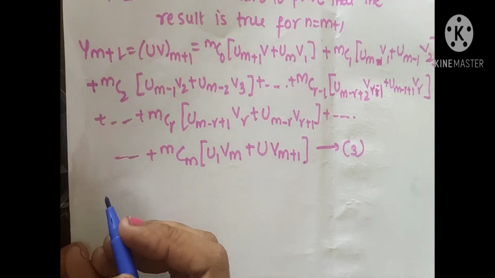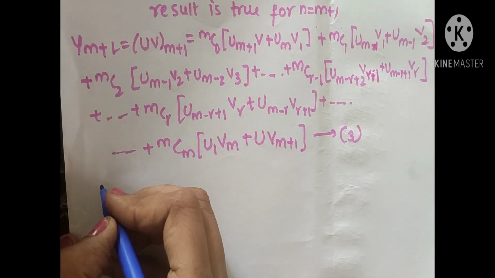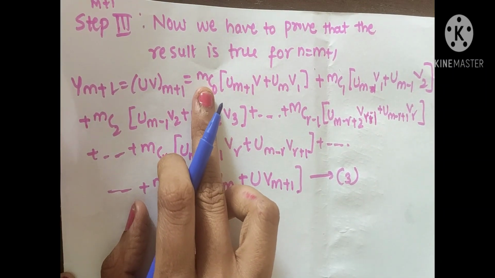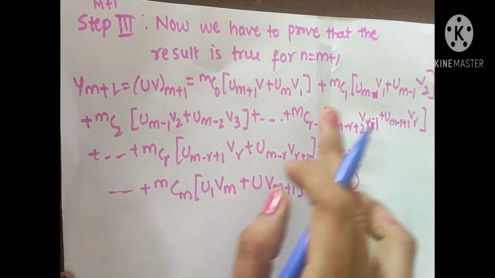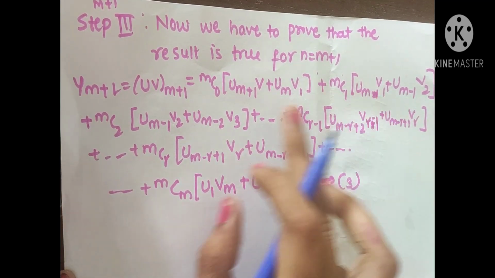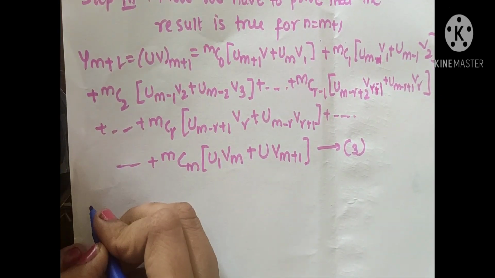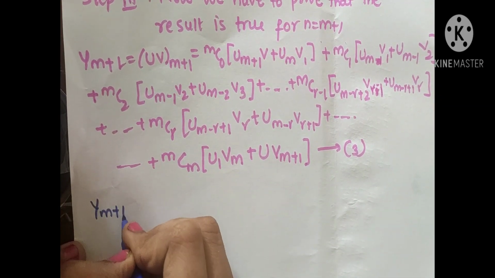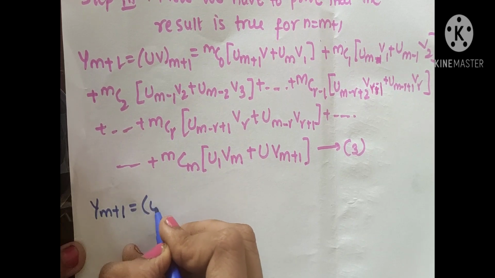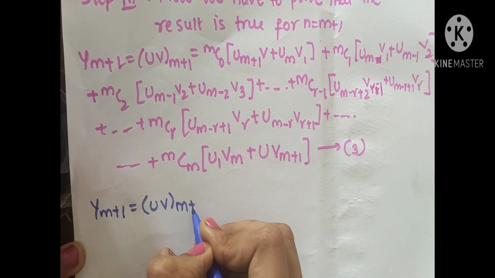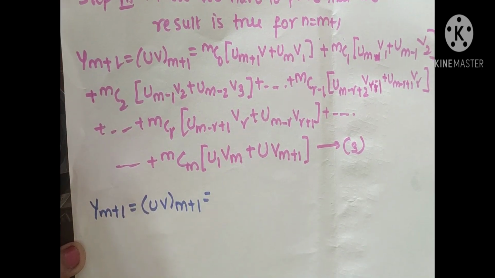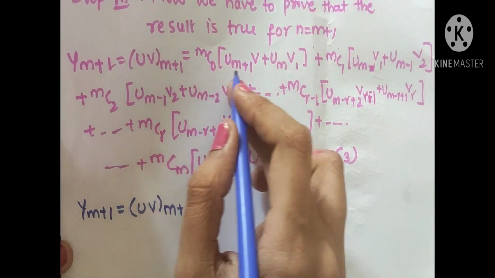So now you just multiply this mc0 inside the brackets, all mc1 inside the bracket, mc2 inside the bracket, okay. So you are getting ym plus 1 equal to uvm plus 1 equal to, just multiply inside the bracket.